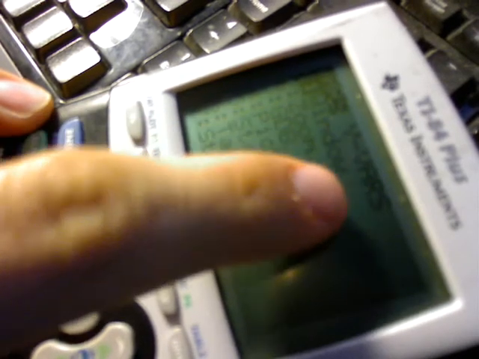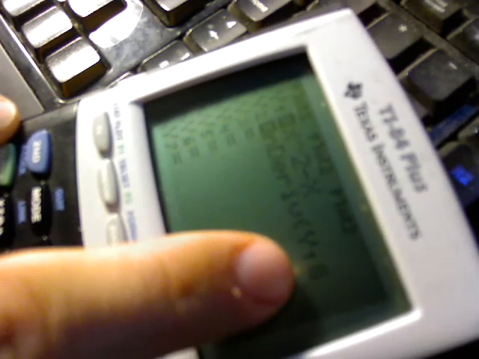Now you can write this function right there and put it right there, or you can do a little cool technique by going right here, this button right here, variables, and then at the top you go to the y_vars, then you hit 1 for function, you hit y1, okay, and then now the y1's right there, and y1 is the function of this.